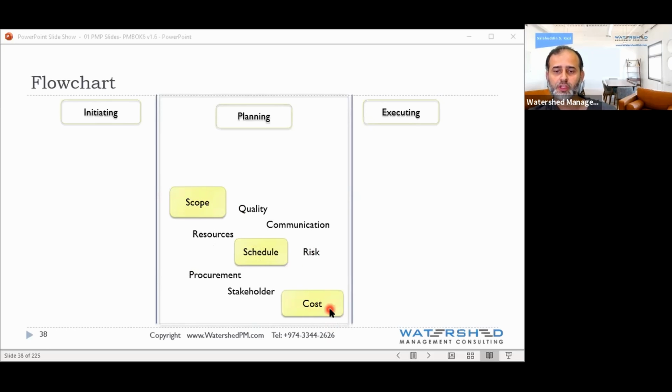For now, focus on the yellow boxes. Do you agree with the sequence of yellow boxes? You cannot do schedule until you know the scope, correct? I mean, you can do some overlap, that's fine, but you cannot close your schedule until you have closed your scope. The same thing goes with the cost.